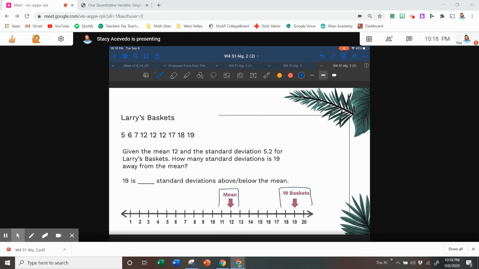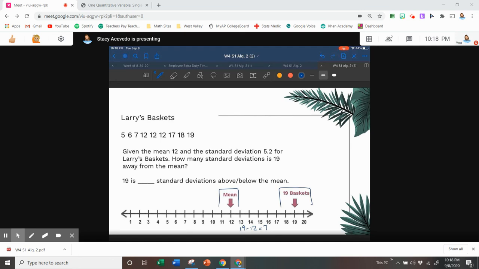First, how far away is 12 from 19? We take 19 minus 12, and that is 7. So 19 is 7 units above the mean.